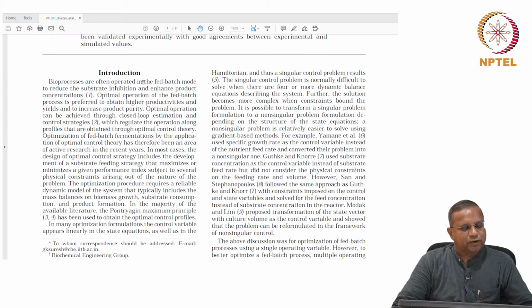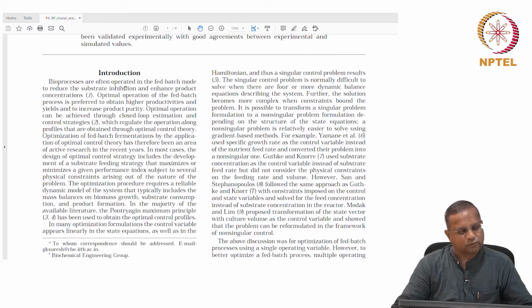Bioprocesses are often operated in the fed batch mode to reduce the substrate inhibition and enhance product concentrations. Optimal operation of the fed batch process is preferred to obtain higher productivities and yields and to increase product purity. Optimal operation can be achieved through closed loop estimation and control strategies, which regulate the operation along profiles that are obtained through optimal control theory.